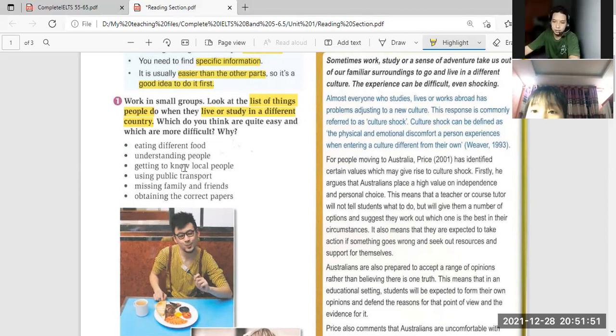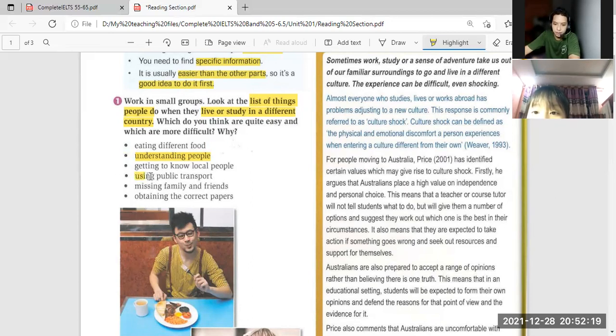Which one do you think is easy or quite easy? Understanding people. Understanding people is easy? Yes. Okay, what else? Using public transport.